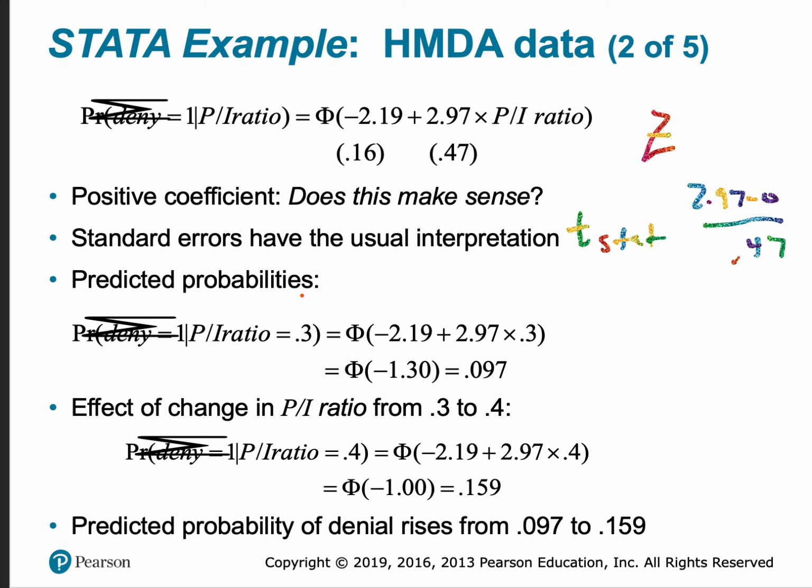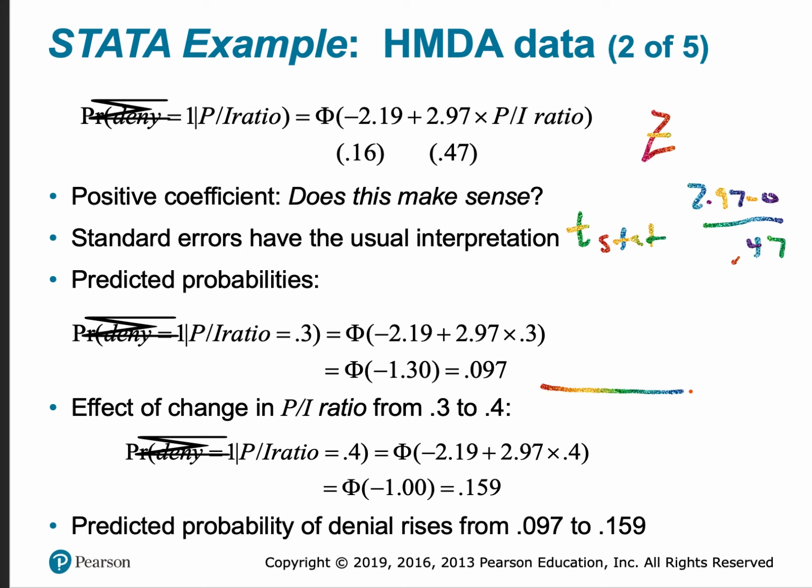Now let's look at the predicted probabilities. What is the probability that an application is denied given a payment to income ratio of 0.3? So we plug in, using our sample regression, negative 2.19 plus 2.97 times 0.3. So the value of z is negative 0.13. The probability is 0.097. So the probability that an application is denied given a payment to income ratio of 0.3 is 0.097.